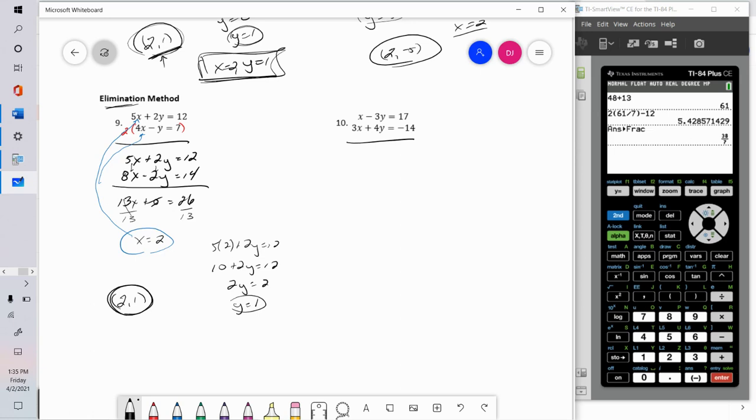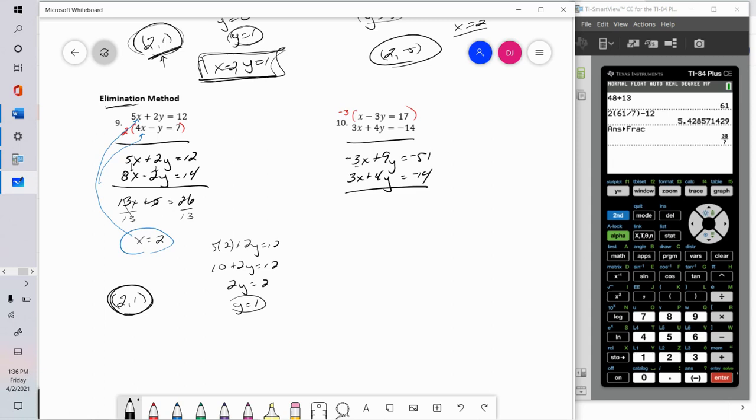In number 10, so what I do is I need to decide, what do I want to do? Do I want to cancel the x values or do I want to cancel the y values? In number 10, it's going to be easier to cancel the x values if I multiply the top by -3. The reason I'm choosing to do this is what I want to get to is a situation where I've got either the x or the y with the same coefficient, but one of them is positive, one of them is negative.